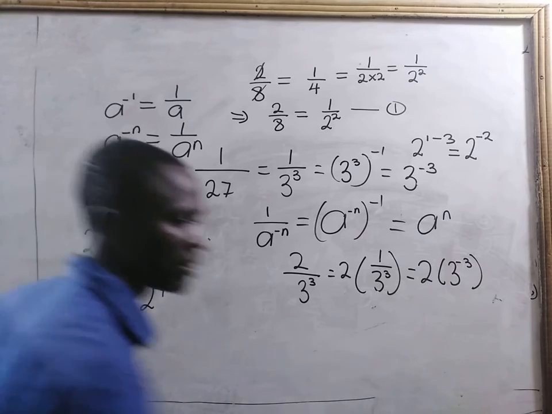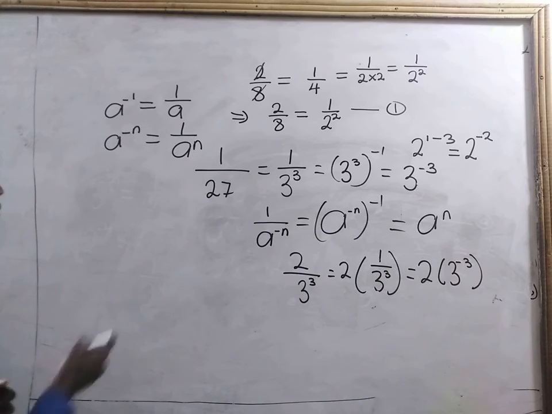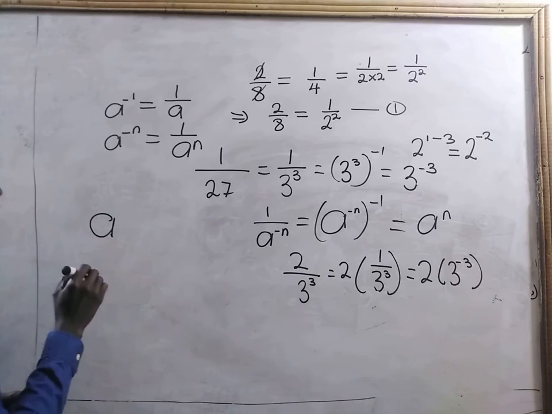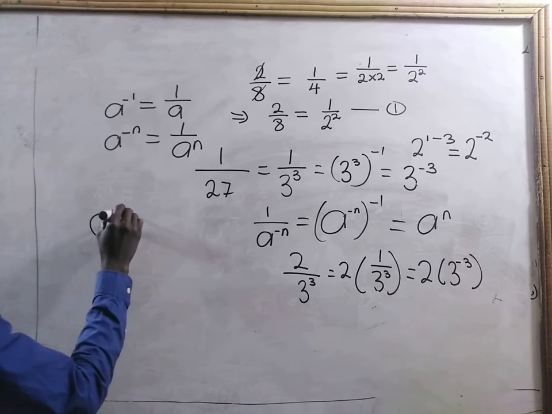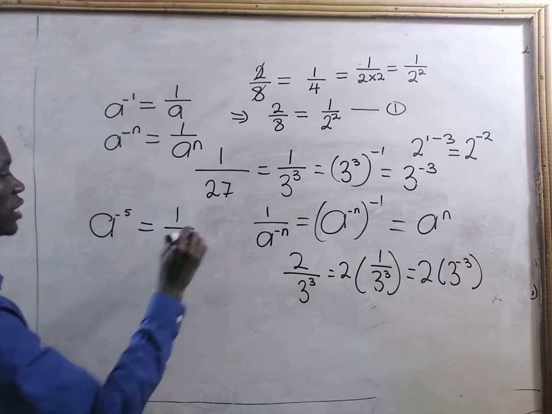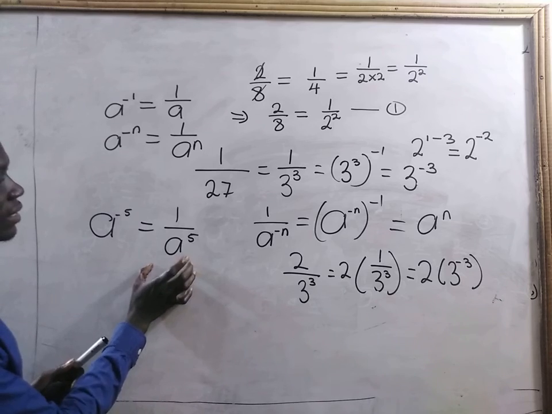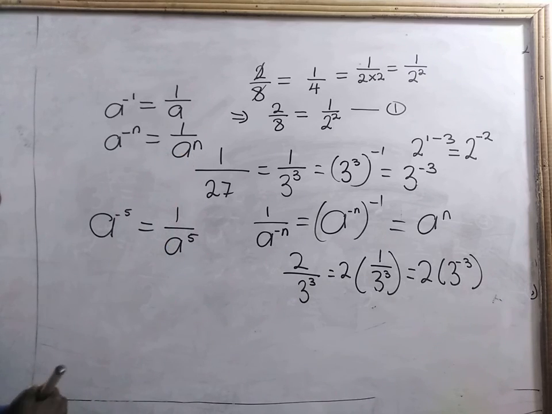So if I have, let's say, a exponent minus 5, then I'll quickly write out 1 divided by a exponent positive 5. Very, very simple as that. So if I have anything here, I can send it to the top.